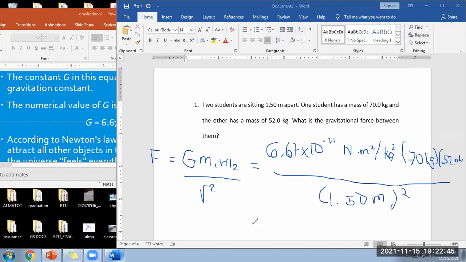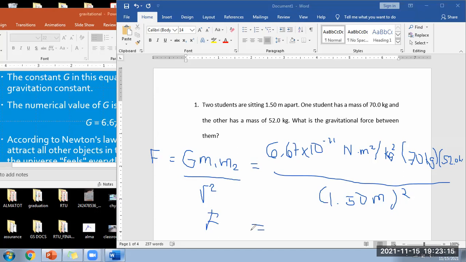Great. So what will be the force? So 6.67 times 10 raised to negative 11 Newton per meter squared over kilogram squared times 70 kilogram times 52 kilogram over 150 meter squared. So kung may calco kayo, pakilabas yung calculator at paki-solve.